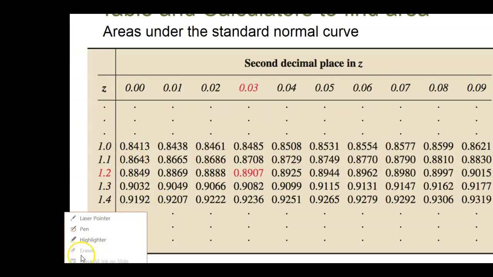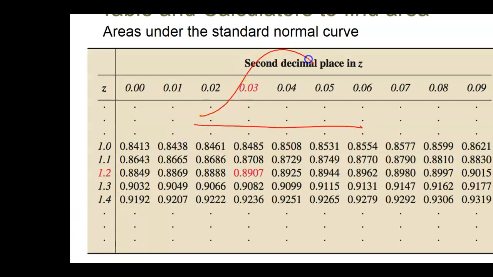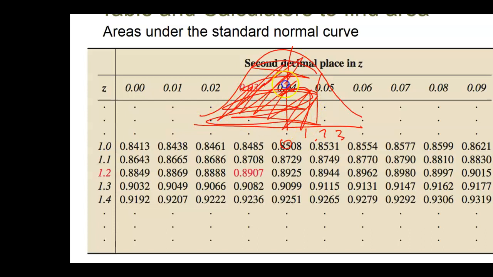On a normal curve, we would have something like this, and here is 0, and then this would be 1.23. What we just found is this area right here. 89% of the population has a z-score of less than 1.23.